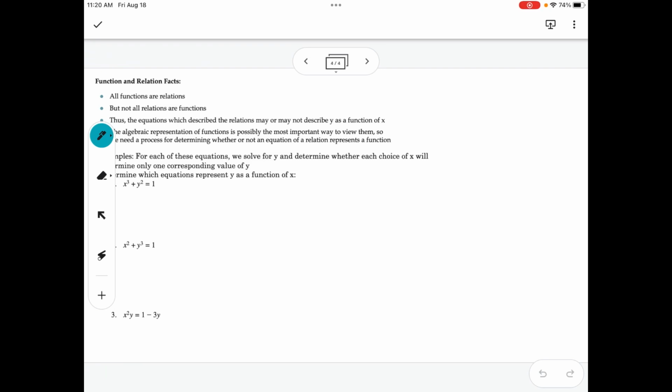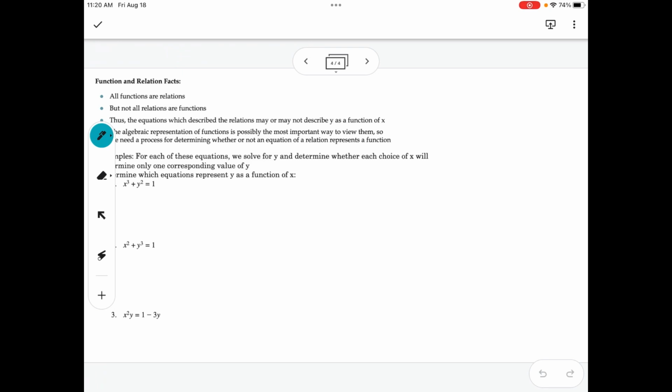So how do we do this if I'm given just a bunch of equations? How do I determine if these equations are in fact just a relation or a function? In order to do that, you can certainly graph, which we will do next. I'll show you how to graph them. Or we'll first figure them out algebraically and then visually verify that.